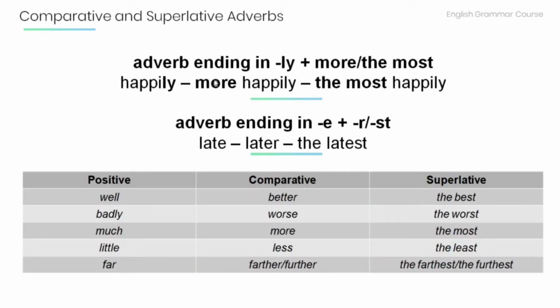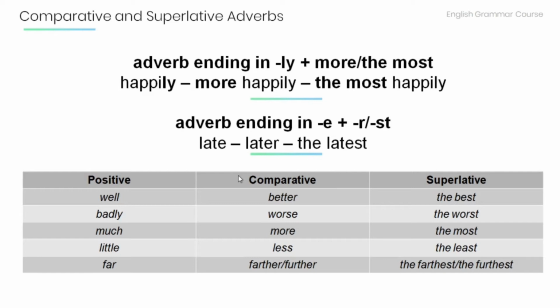Now, when adverbs end in ly, we add more or the most to form the comparative or the superlative form. For example, happily, more happily, the most happily. And when adverbs end in e, we add r or st. For example, late, later, the latest.